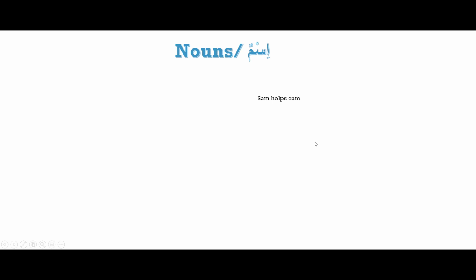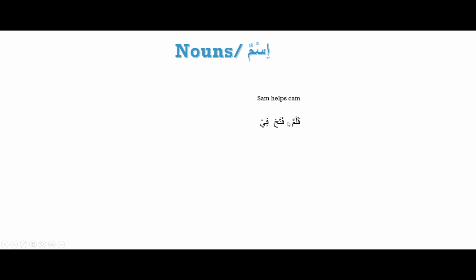Okay, but how about if I write these words? Now, how can I know which one is a noun and which one is not? That rule, by observing the ending signs, helps us figure out the role played by nouns in a sentence. Okay, so one is acting as a subject and the other is acting as an object, and in other cases it might act as an object of a preposition and something else.